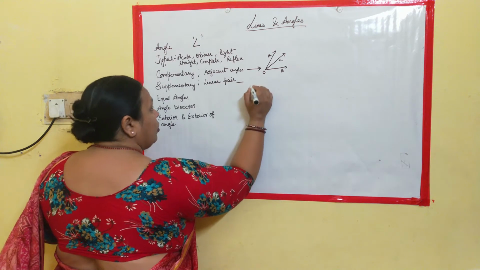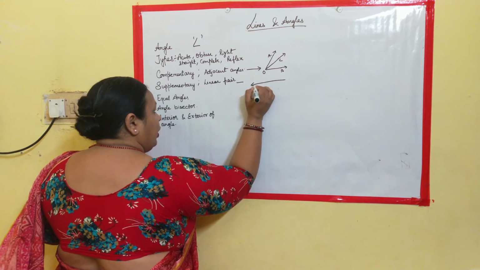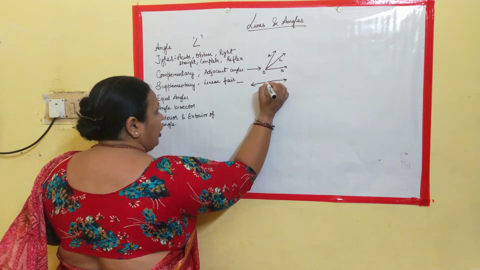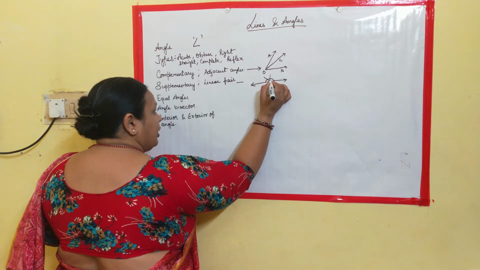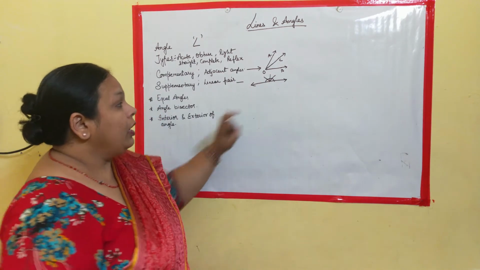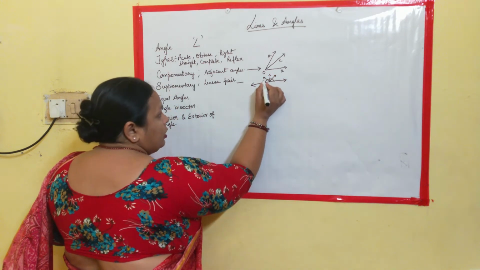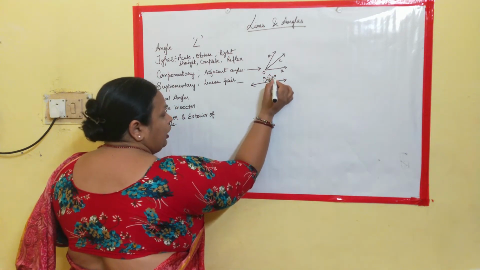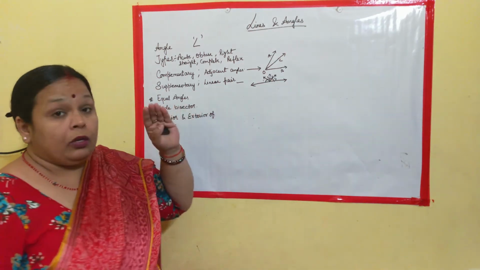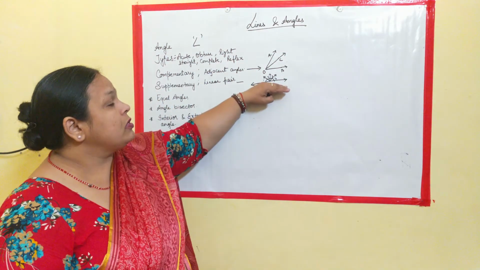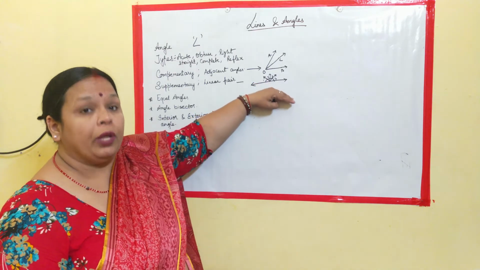Regarding linear pair: on a line, at any given point, let n number of angles be drawn. It will be proved that 1 plus 2 plus 3 plus 4 are totally 180 degrees.